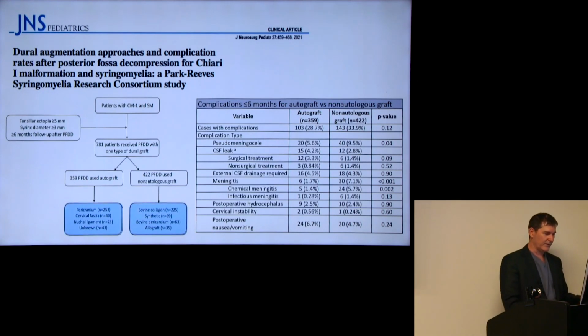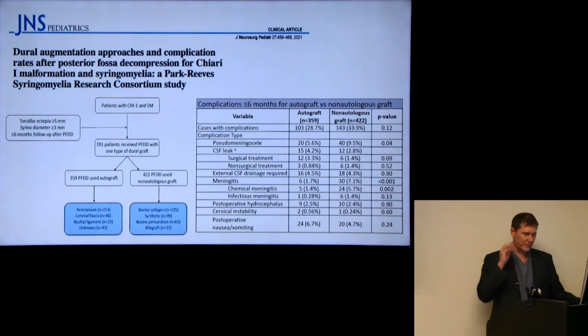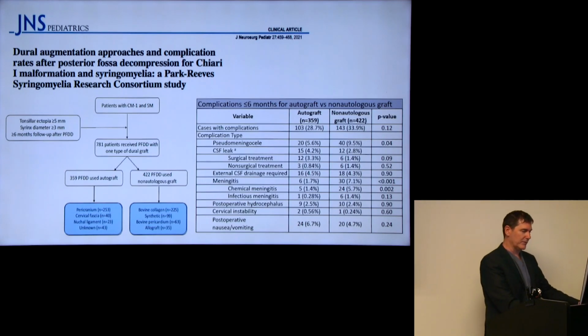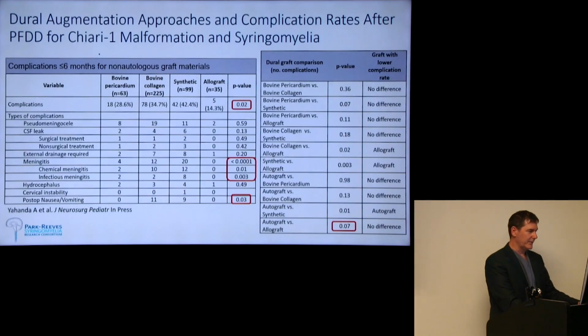And it was actually very interesting. What he found was that when he compared pericranium, which is a patient's own graft material, to other graft types, so non-autologous graft types like that made from cadaveric tissue or from bovine tissue or from synthetic material, the complication rate changed based on the different graft material.